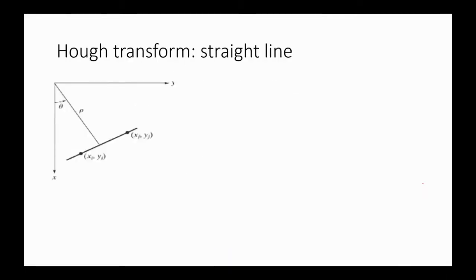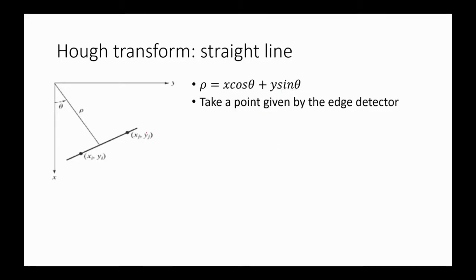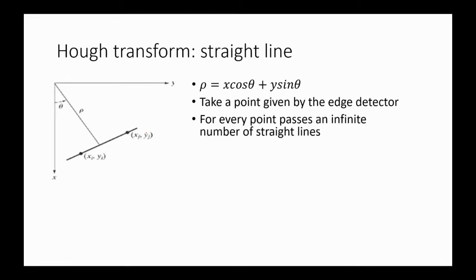So let's see, if I have a straight line, the equation of a straight line in polar coordinates is this: ρ is equal to x cosine theta plus y sine theta. Take a point given by the edge detector. Then through every point there passes an infinite number of straight lines. Each of these straight lines has its own parameters ρ and theta. So what do we do? We decide by voting.